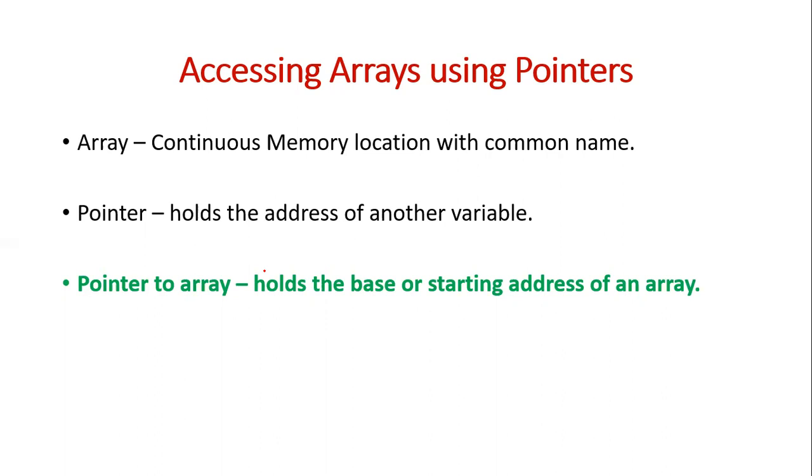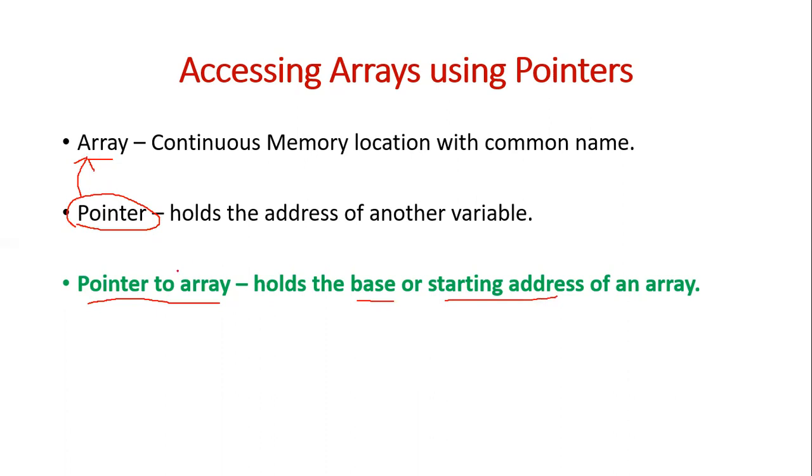And already we know what a pointer is. A pointer is something which holds the address of another variable. And how can we make a pointer point to an array? In that case, the pointer should hold the base address or starting address of the array.